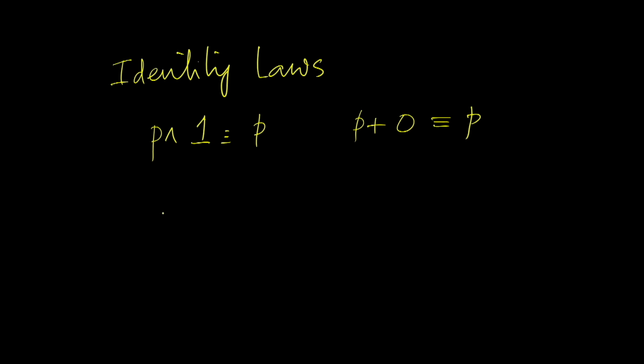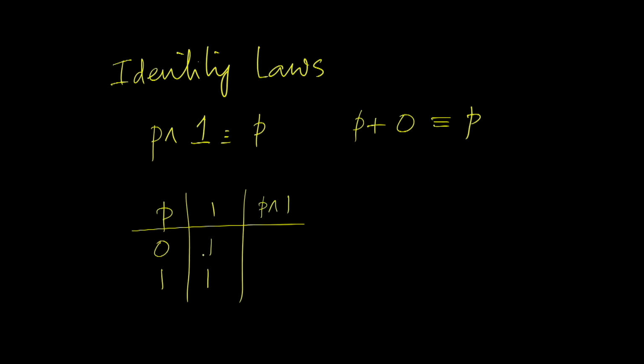You can verify this using the truth table. For example, consider variable P and the logical function 1. P can take on values 0 and 1, and for any assignment to P, 1 takes on values 1 and 1. Therefore, P and 1 here would be 0 and 1.